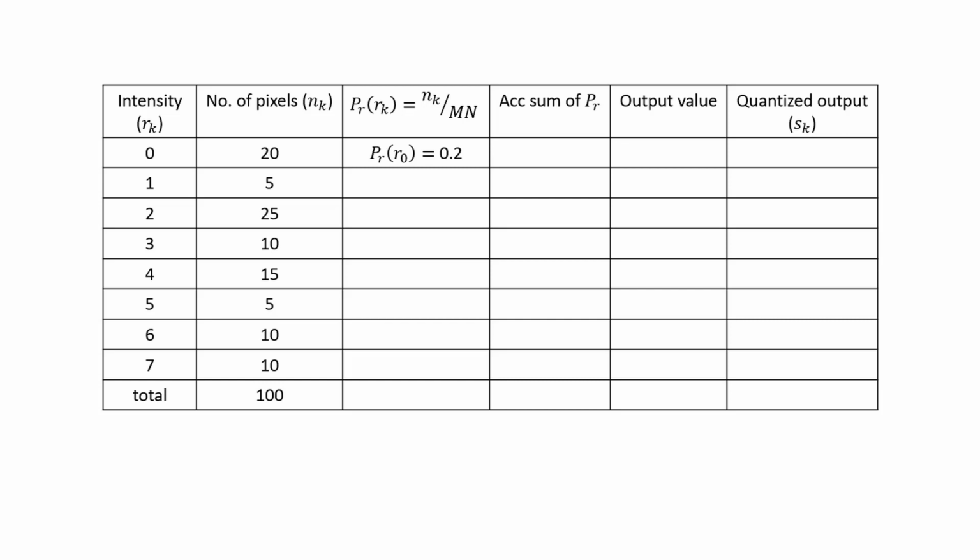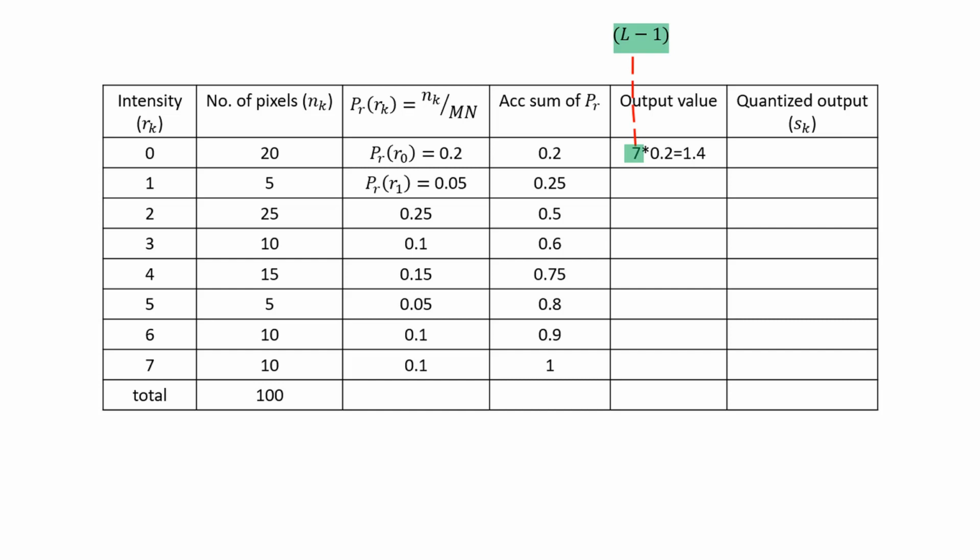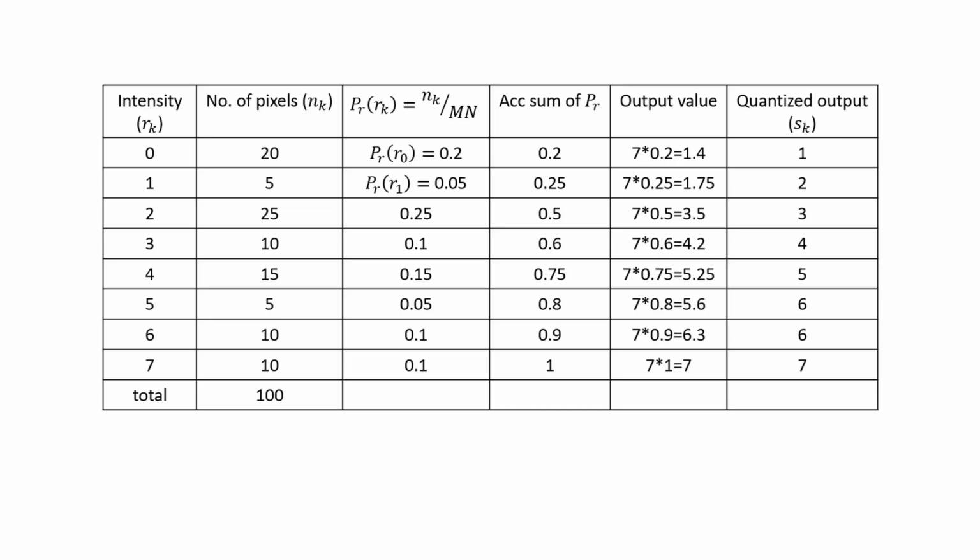First, we calculate the normalized histogram P of R K. Then we calculate the cumulative histogram. The next step is multiplying by L minus 1. The final step is to quantize the output.